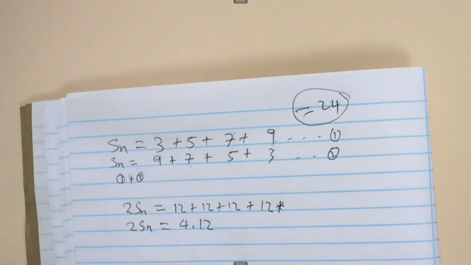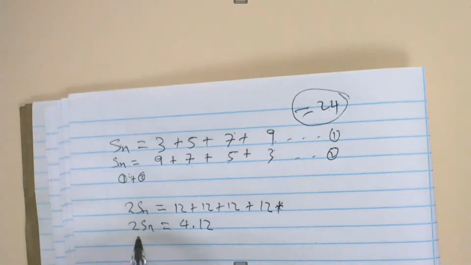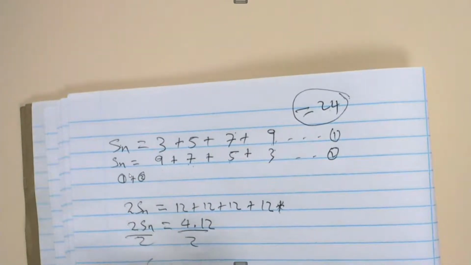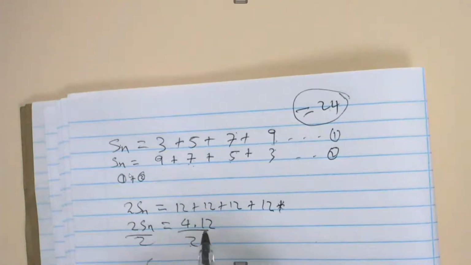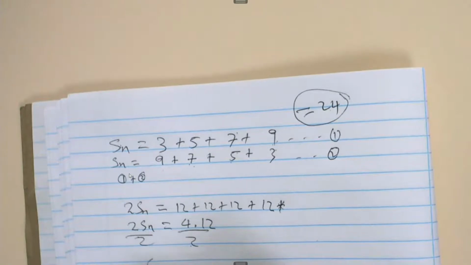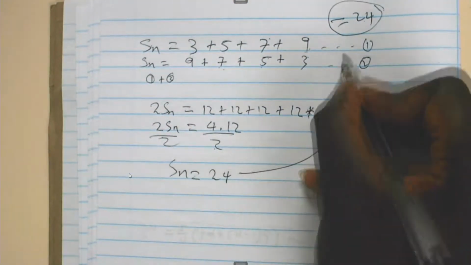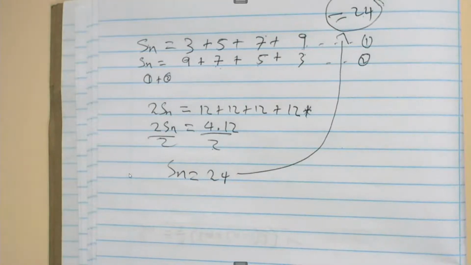This is equal to 2Sn. Now, I can divide both sides by 2. Then our Sn would be equal to 4 divided by 2, it's 2, and 2 multiplied by 12 gives me 24. The same 24 that we had when we added all those terms, 3 plus 5 plus 7 plus 9.